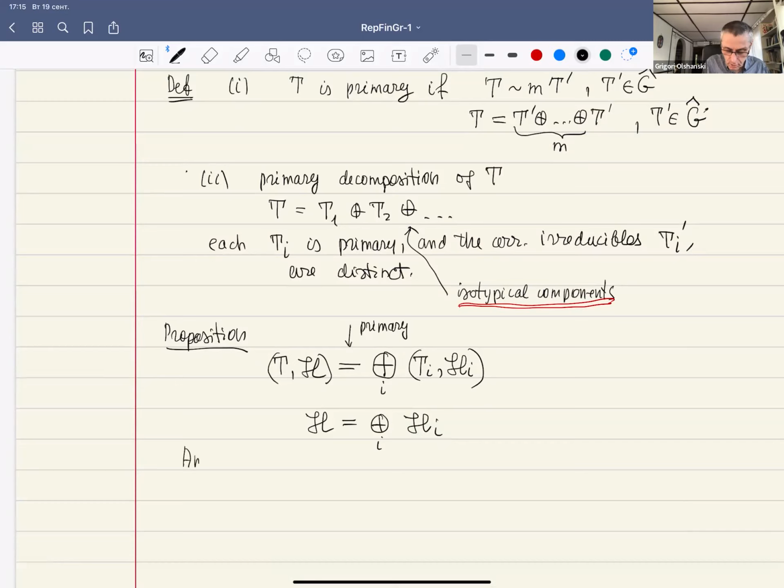Any invariant subspace of our space H is compatible with the decomposition.